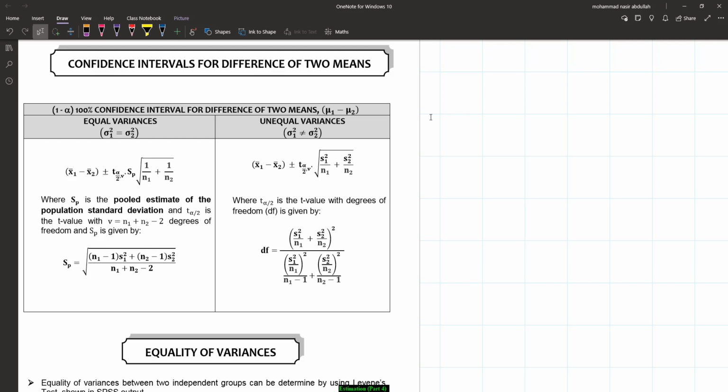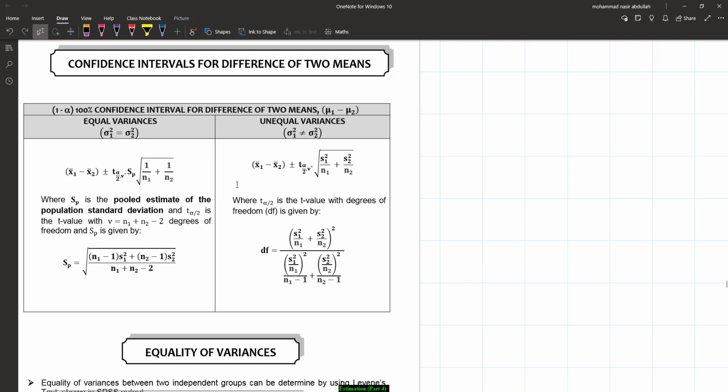And we already learned the confidence interval of the mean and of the mean difference, right? So when to use the T distribution and when to use the Z distribution, still remember? Now we are going to look into when we have two populations or two samples.